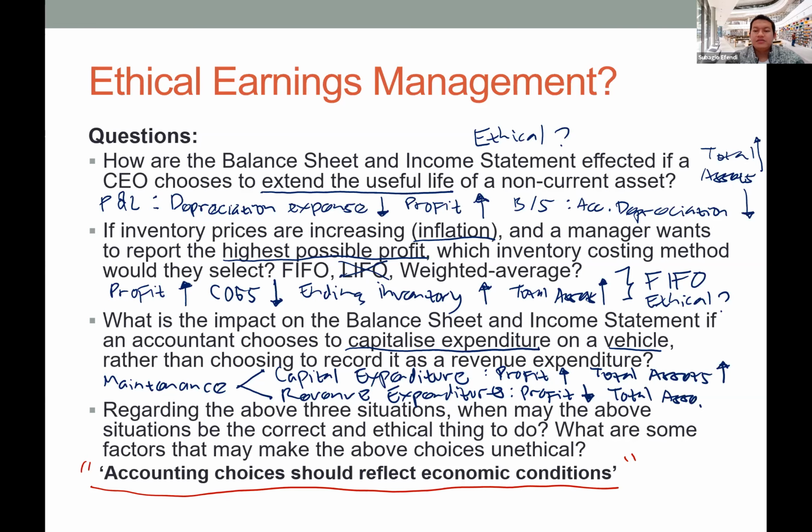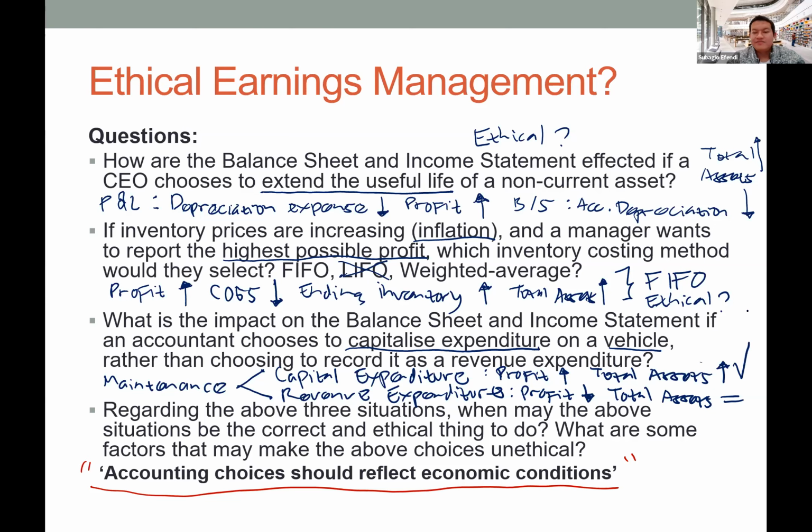So total asset will be the same as the previous accounting year. So you can see from the different effect of these two alternatives, the company has incentive to choose the capital expenditure method, because they can report high profit and high total assets, which is very good.